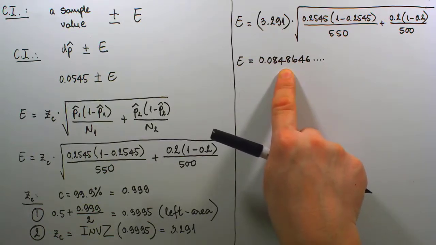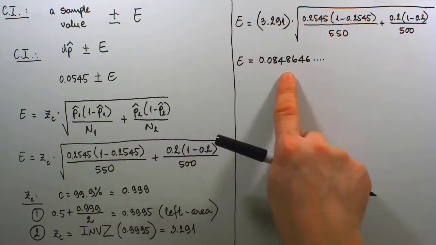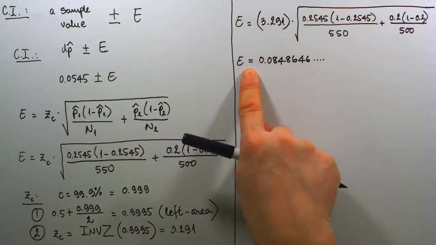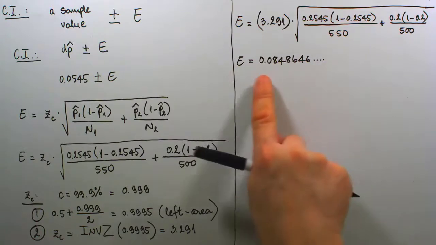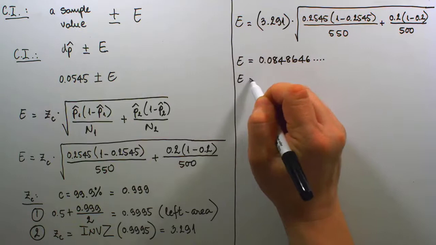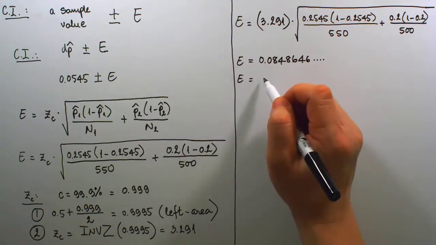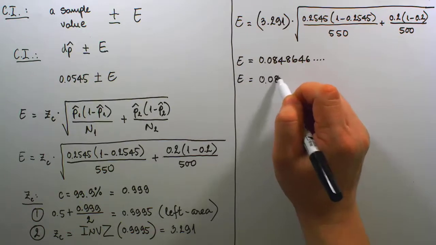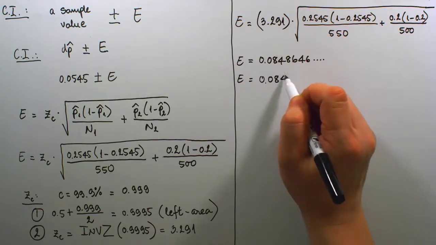And again, I leave that as a responsibility for viewers and students to watch for your own rounding for the margin of error anytime you work with this kind of problem. So here in my problem, I am going to round to 4 decimals, 0.0849.